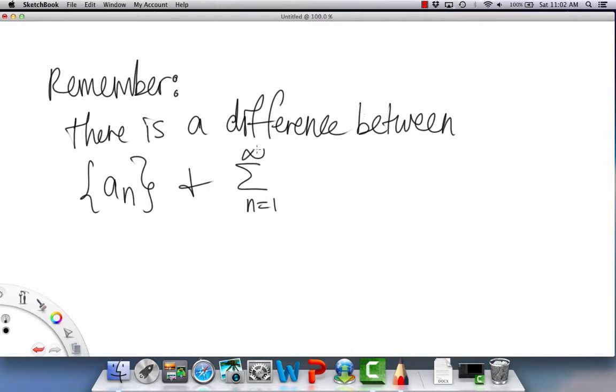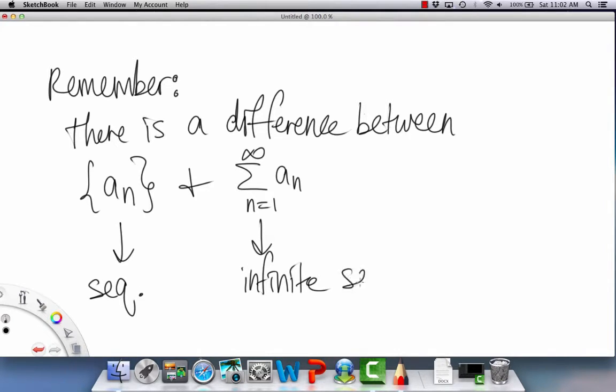There's a difference between these two, even though they might look similar because they both have the a sub n in them, but this denotes a sequence, and this is an infinite series, and they are different. So even if you have the same a sub n, these values might be different. You can't just assume that they're equal right away.